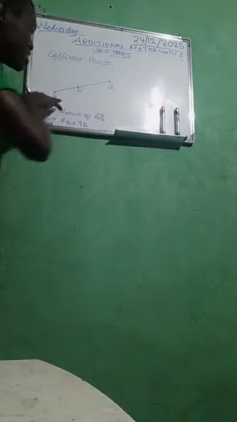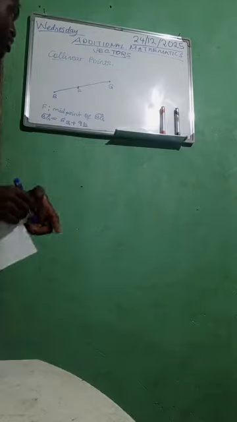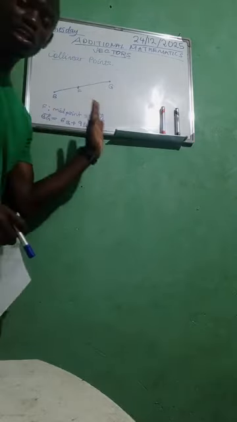And then F is the midpoint of BG. If they just tell us in the question that F lies on BG, such that F is the midpoint of BG, and BG is equal to 6A plus 9B, they're trying to say that these are collinear points. What's the difference about collinear points?